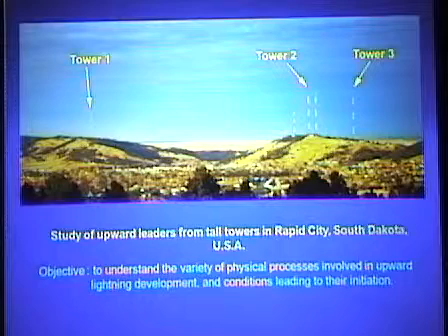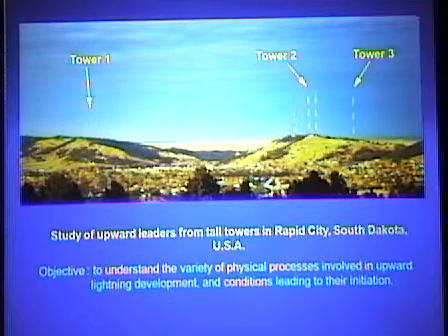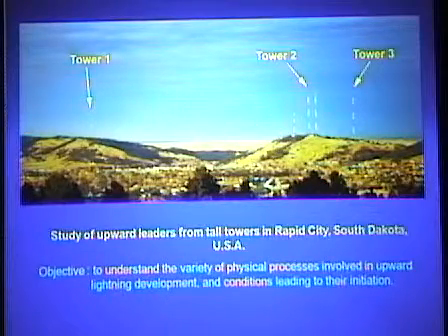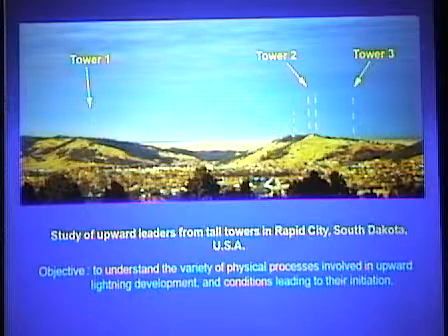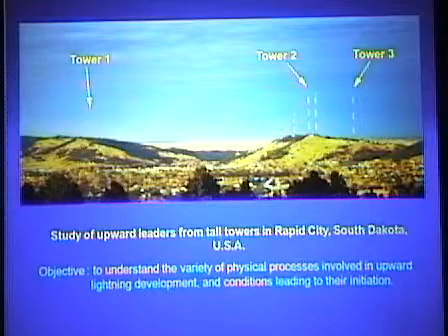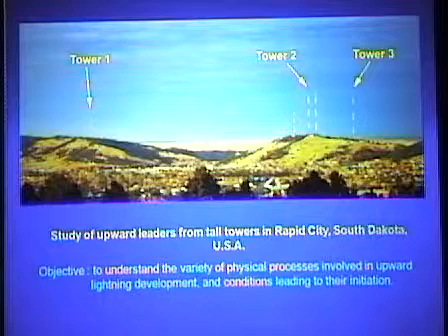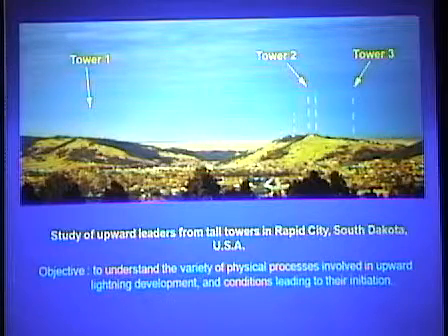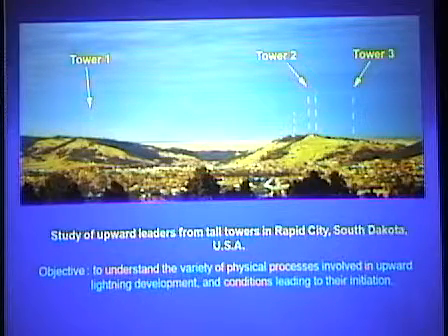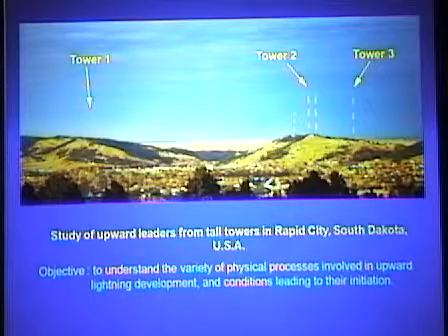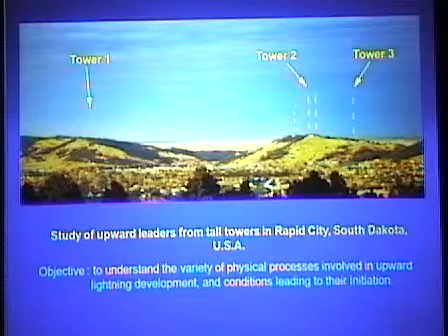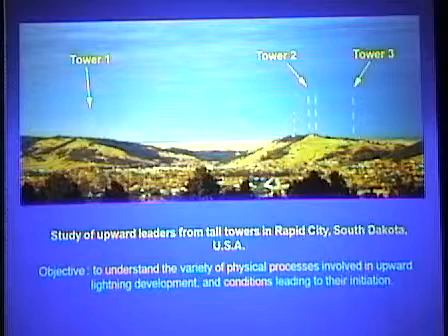So we made a good start in these observations, but we were addressing some technical aspects. We are interested in both technical aspects of lightning interaction with a tall tower, and also in the physical picture and understanding of the physical processes as well.